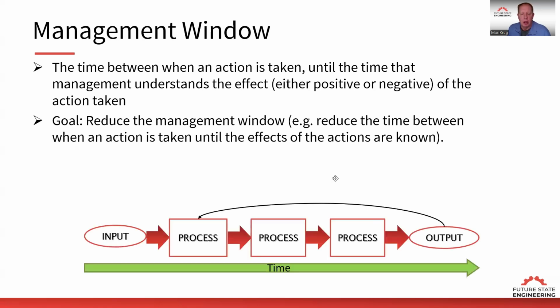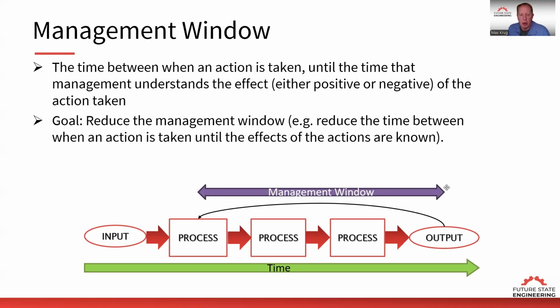And so just to do a description here, we have input, we have all these different process steps, and a lot of times we don't realize till the final step that something's incorrect that might have been controlled at this first process step. And so in this case, our management window is a long period of time, in some cases, days, even weeks.